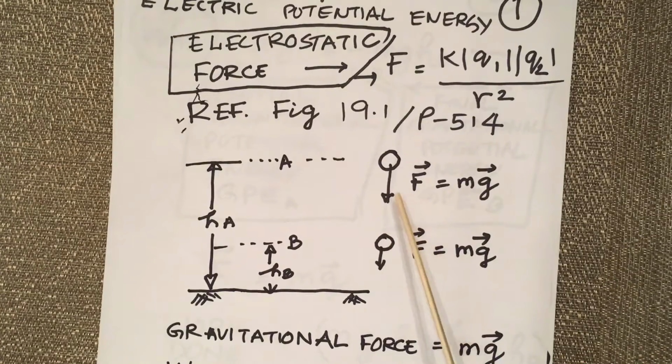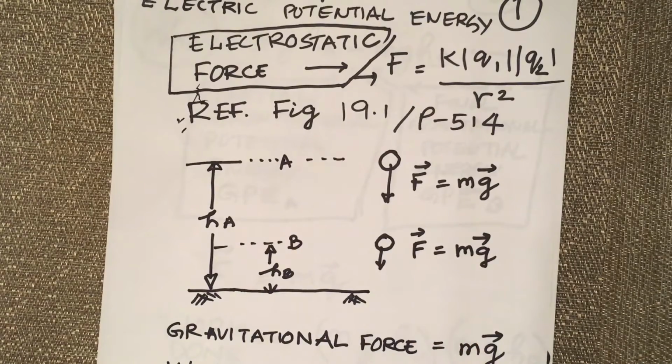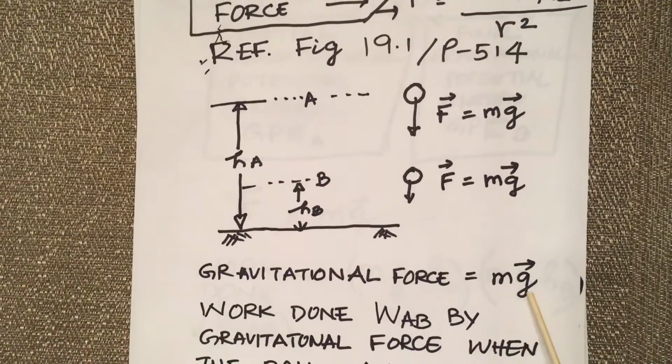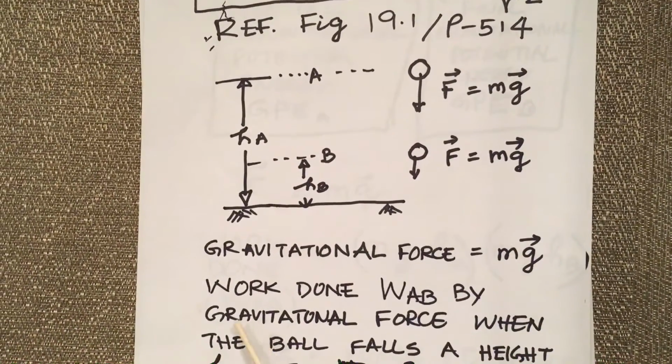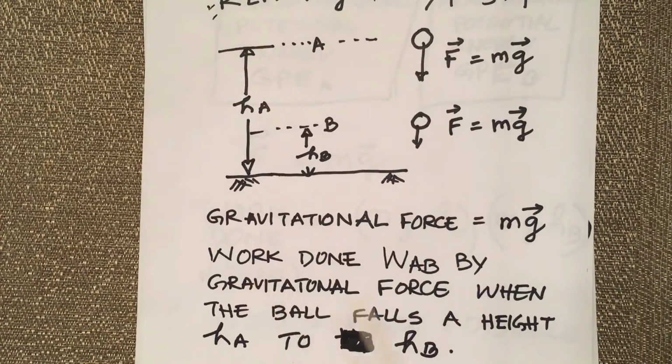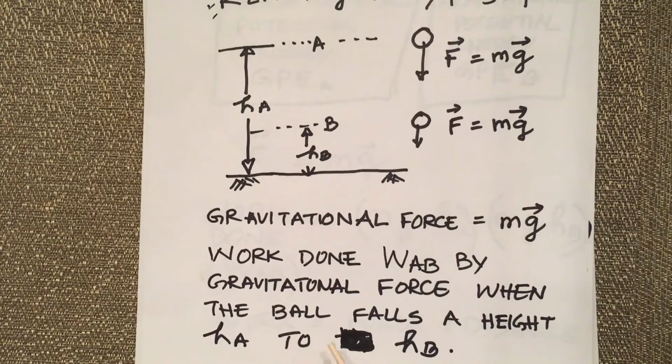It is not changing, the force remains the same, only distance changes. So we can calculate the work done by the gravitational force as the ball falls from height A to B, height wise HA to HB.